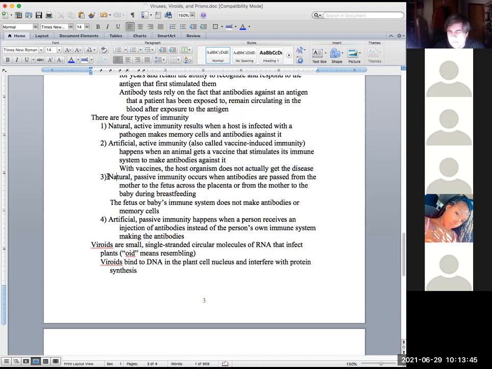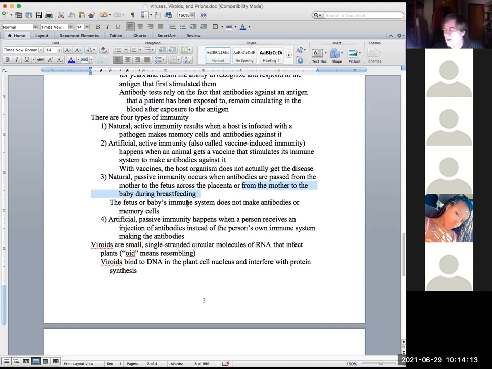There's also something called natural passive immunity. And this is what happens when a mother passes antibodies to the fetus across the placenta, or when a mother passes antibodies to the baby during breastfeeding. This can protect the fetus or the baby, but the problem is, what antibodies get passed to the fetus or the baby?